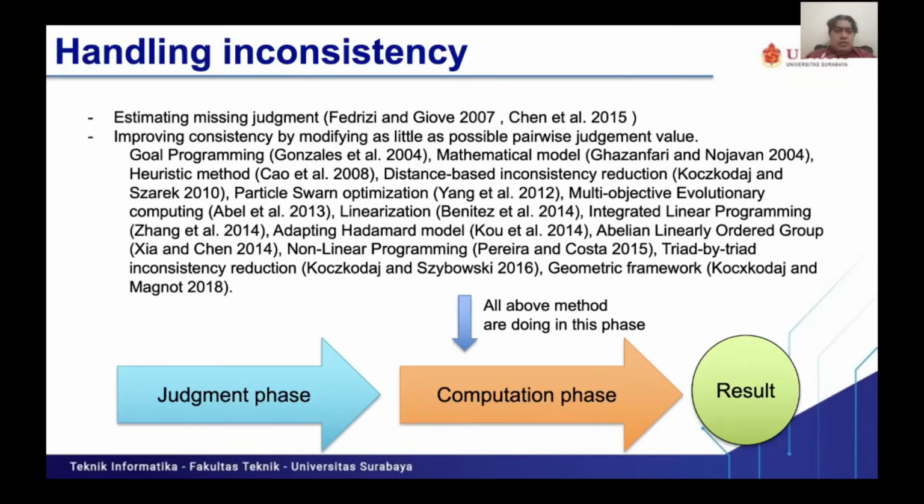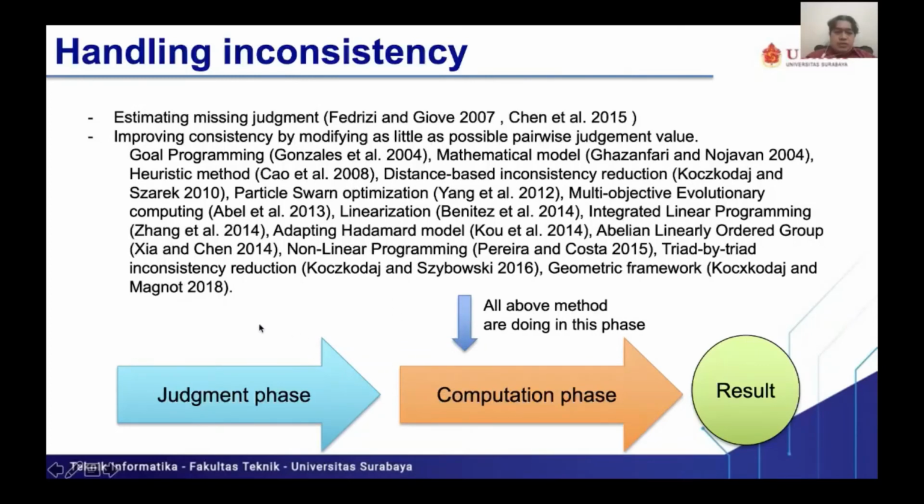Some research has already been done in handling inconsistency. There are methods for estimating missing judgments and for improving consistency by modifying as little as possible the judgment values. All of these methods are done after the judgment phase.